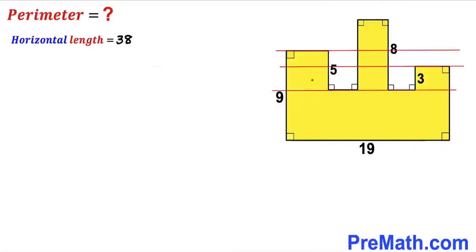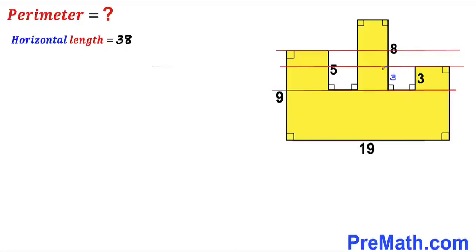And in this next step, I have drawn some horizontal lines as well. Now let's make an observation. We can see that this vertical segment length is going to be equal to this vertical segment length. If this vertical segment length is 3, then this length is going to be 3 units as well. Let's make another observation.